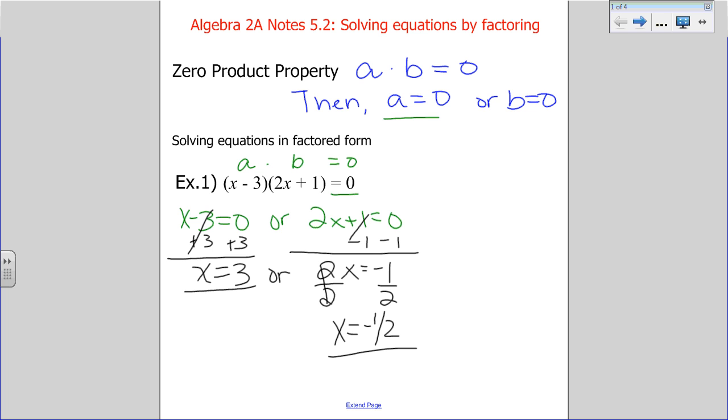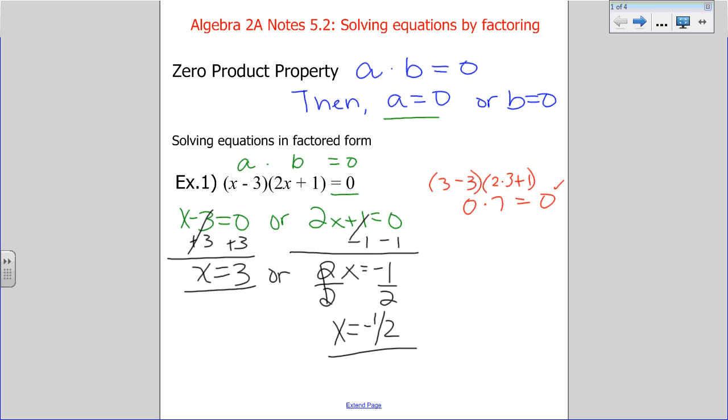And so what that means is if I plug 3 in for x, I get 3 minus 3 times 2 times 3 plus 1. This is 0 times 7, and 0 times 7 does equal 0, so it works.